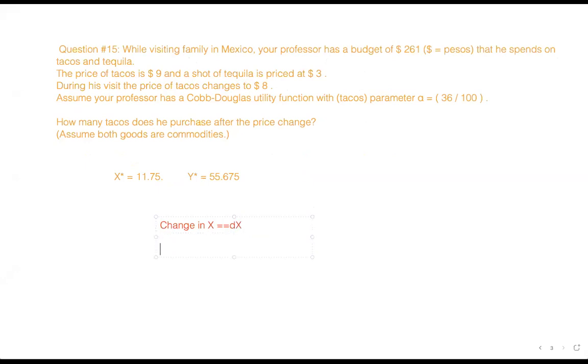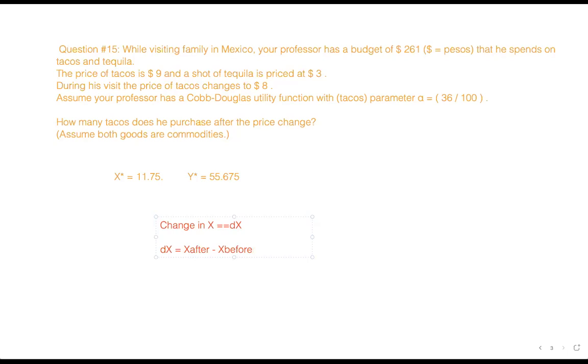And so when you compute a change, you need the amount after, so X after minus X before the price change. The reason I'm being careful about this is that sometimes there'll be a price increase, sometimes there'll be a price decrease.